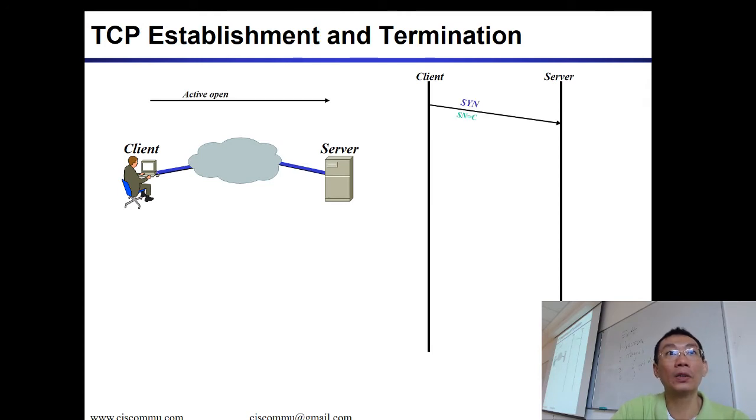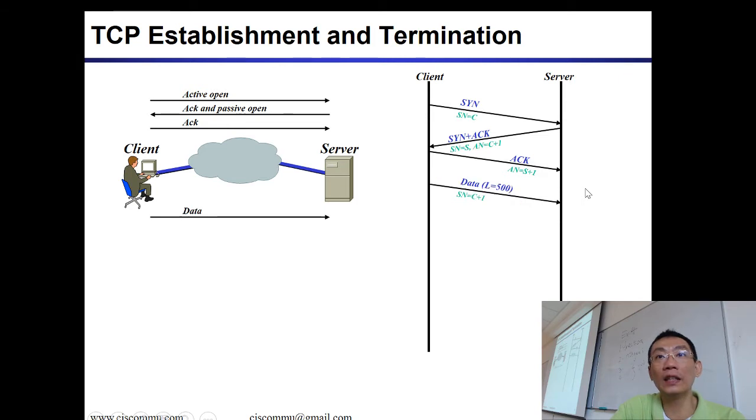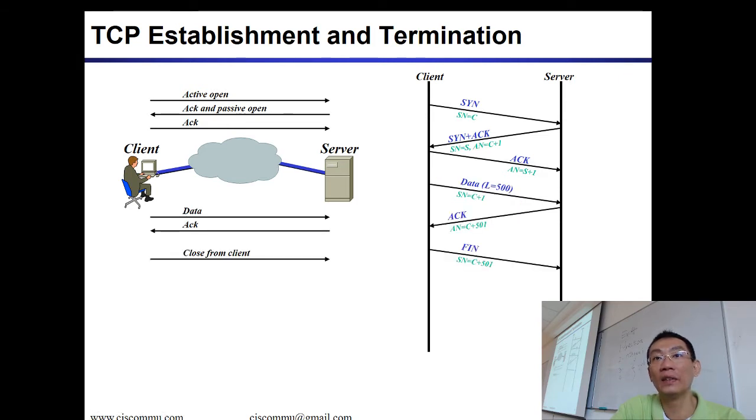So you can see here, you send a SYN, then you get back a SYN-ACK from the server, then you send an ACK, then the connection is established. After you get here, the connection is established, so later you can do data transfer.